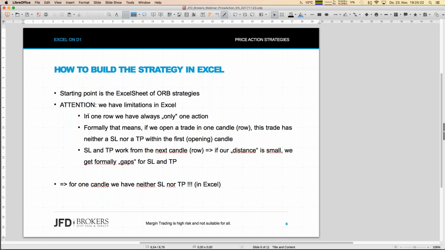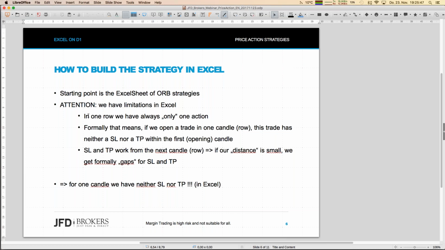If that's the case, within a D1 candle, we can later not distinguish any stop loss and take profit. That's simply impossible. Especially we don't know whether first stop loss is hit and later take profit or the other way around.